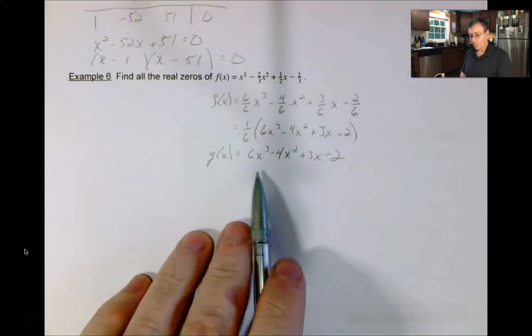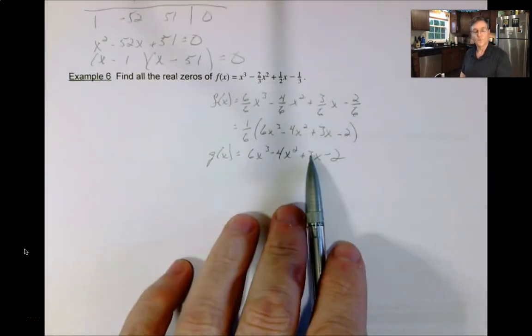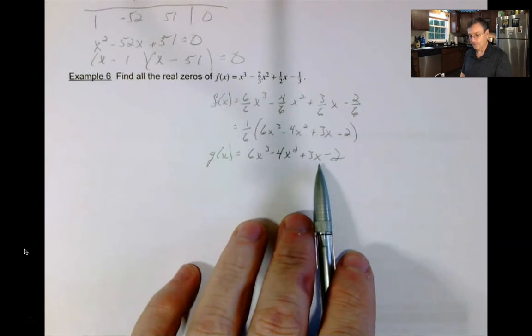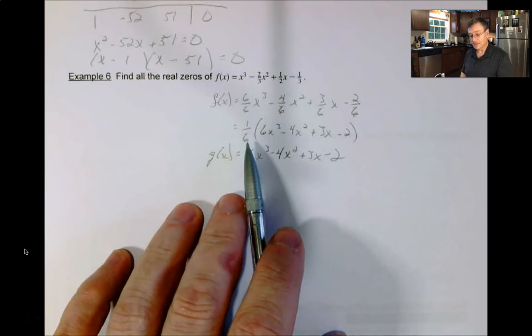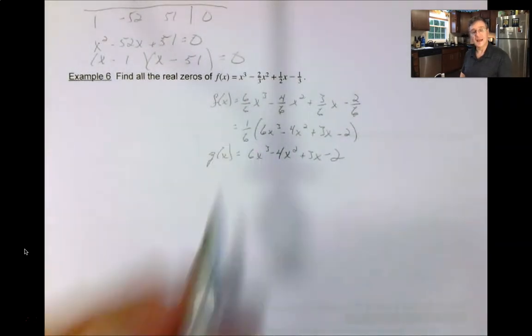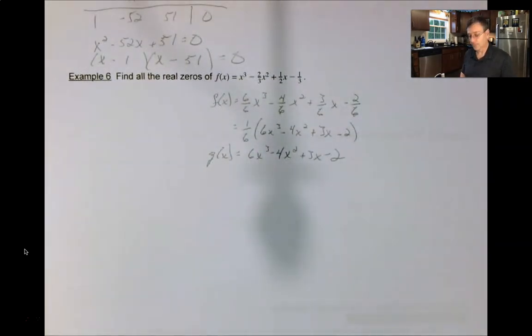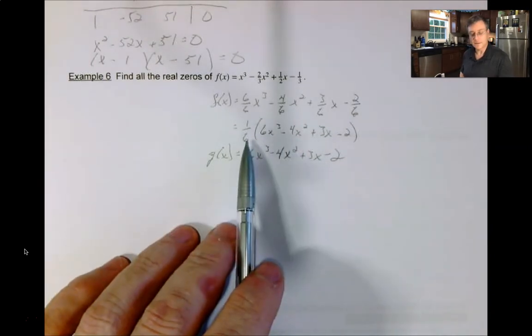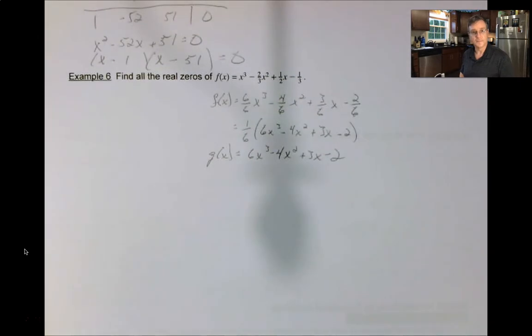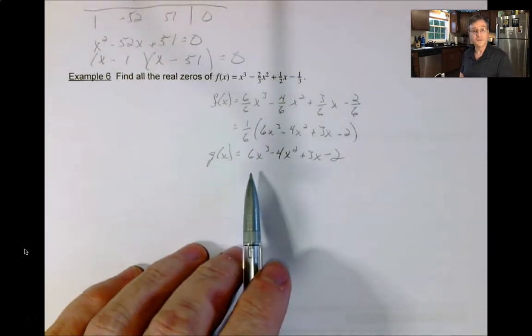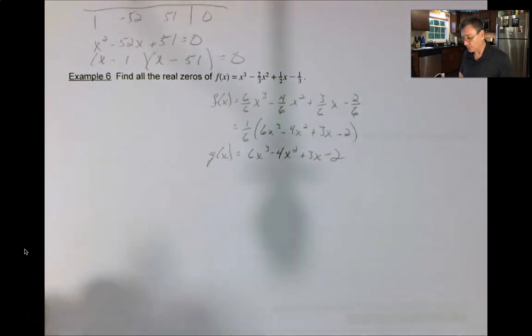Where g of x is 0, it would end up being 0 times 1/6. So g of x and f of x have the exact same zeros. 0 times anything is going to be 0. So wherever g of x is a 0, f of x is also a 0. So I'm going to find the zeros for g of x because it's much easier dealing with whole numbers.